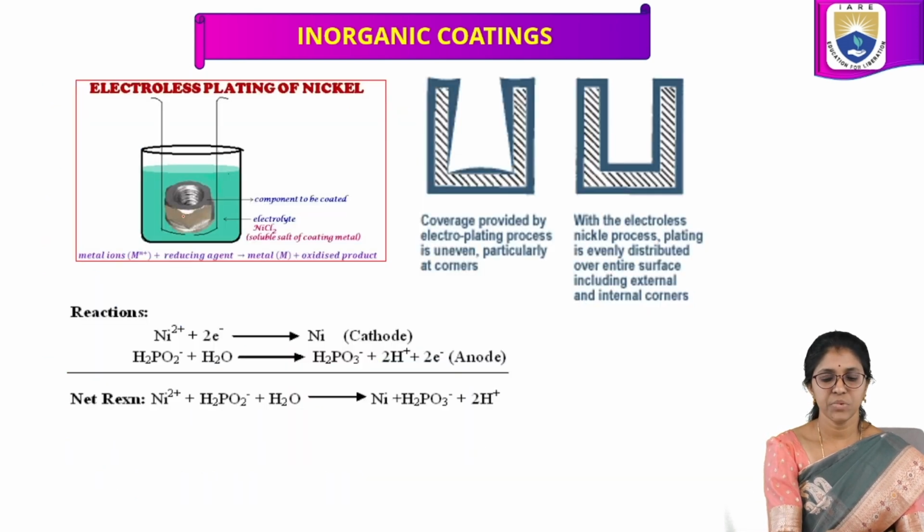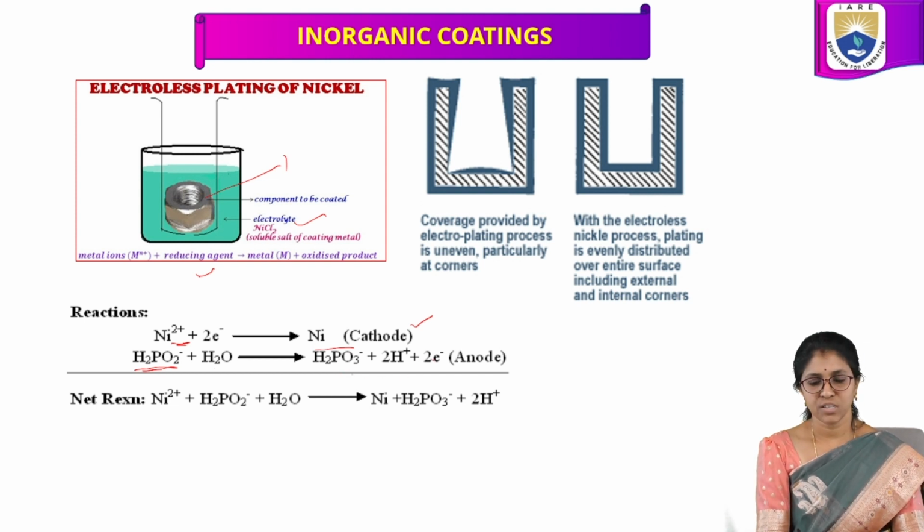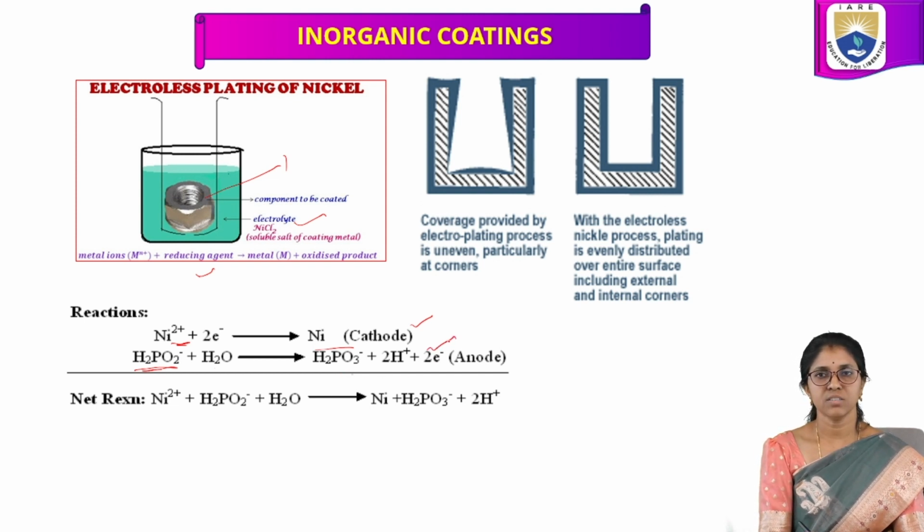Here we are immersing the iron in the hot solution which has nickel chloride and the reducing agent. Ni2+ is converted into nickel at the cathode. The reducing agent reacts with water and forms H3PO3, 2H+ and 2 electrons at the anode.